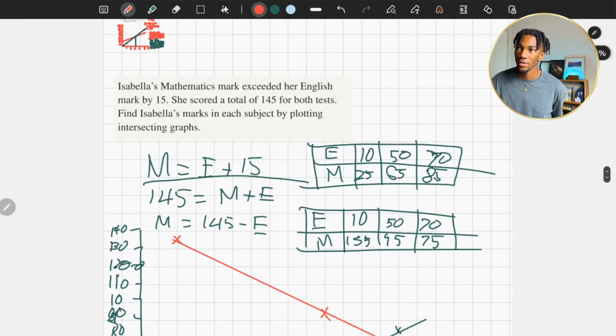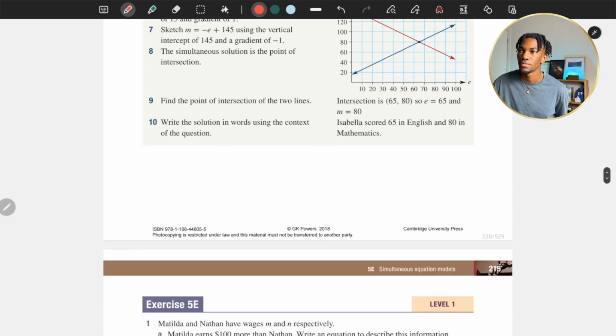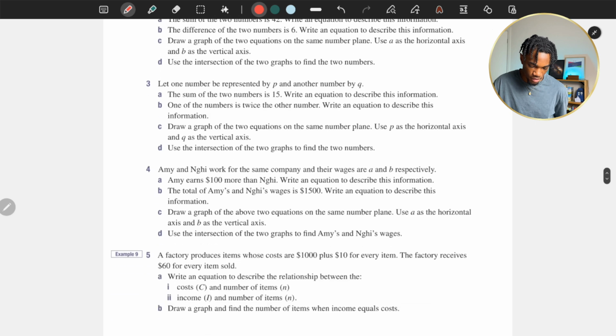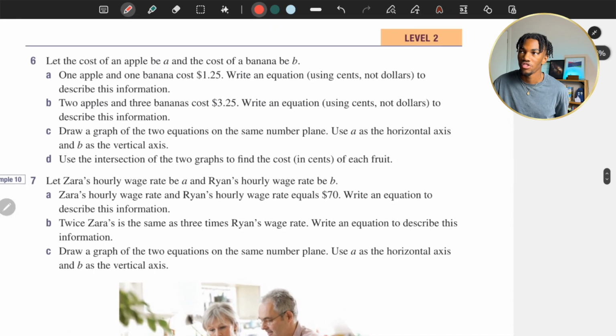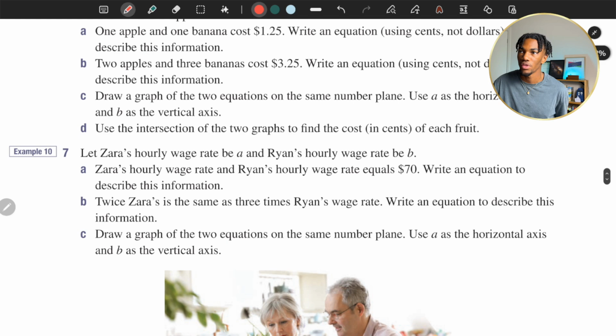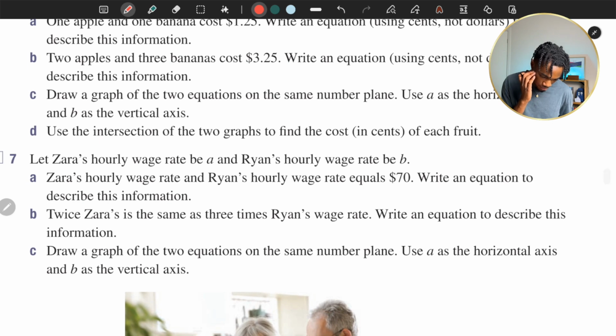Let's have a look at a couple of examples, going down slowly. Check out this one, question 7. Let Zara's hourly wage rate be A and Ryan's hourly wage rate be B. Zara's and Ryan's hourly wage rates together equal 70.